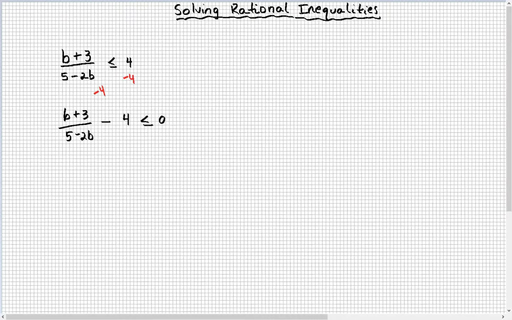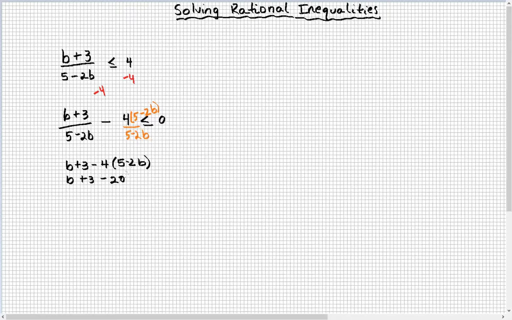Now we have to get this to a common denominator. So this denominator will be 5 minus 2b, and the 4 will be times 5 minus 2b. So the new numerator is going to be b plus 3 minus 4 times 5 minus 2b. And before I continue, I'm going to clean up the numerator. So I have b plus 3 minus 20.